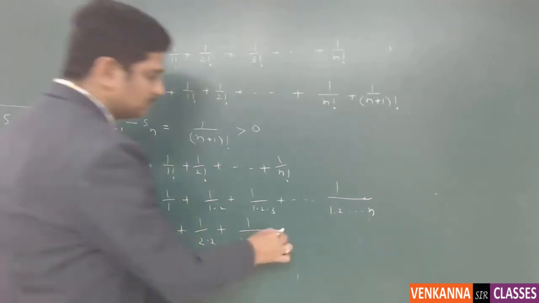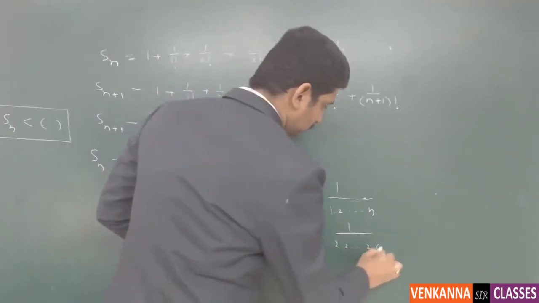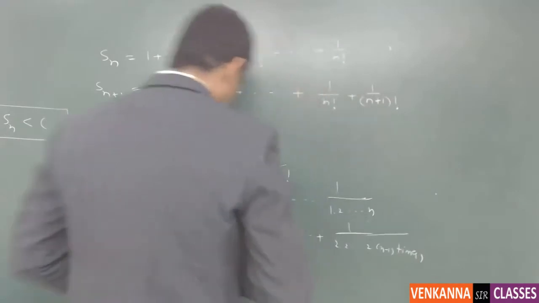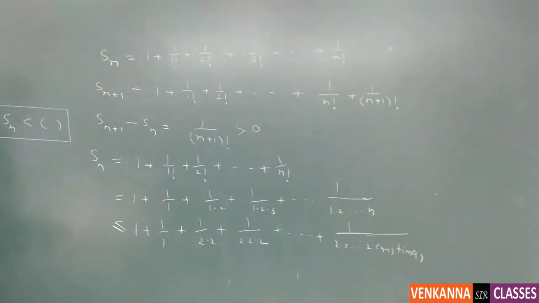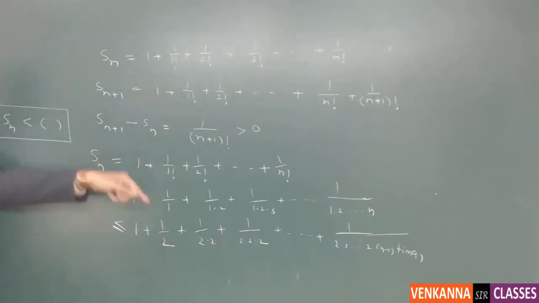Please observe. This is my intention here, what I am writing there. So I will write like this: 1 plus 1 by 2 plus 2 into 2, triple 2, 4 2's, up to n minus 1 2's.